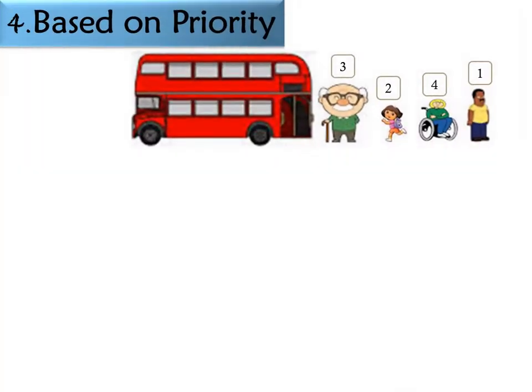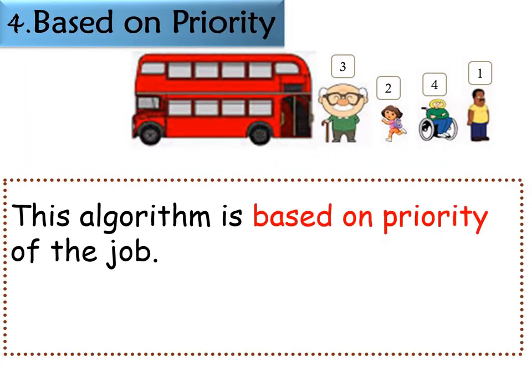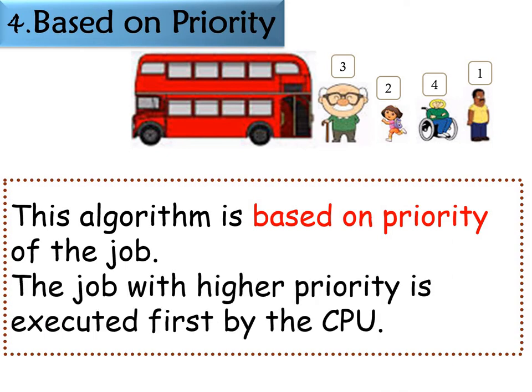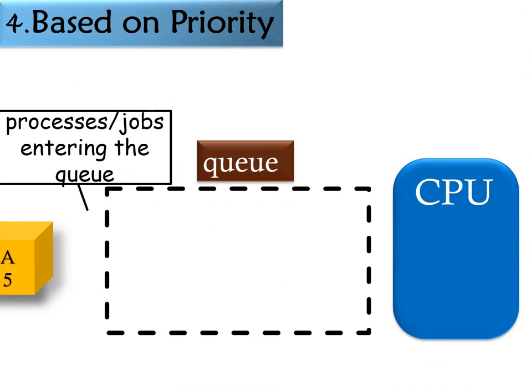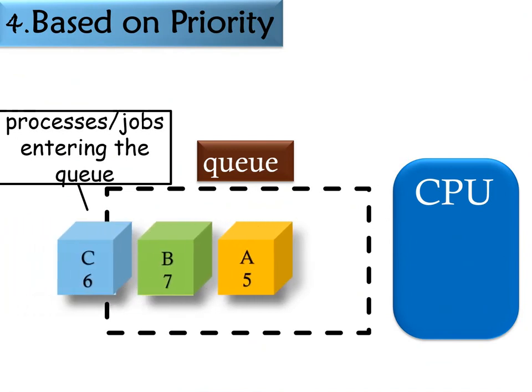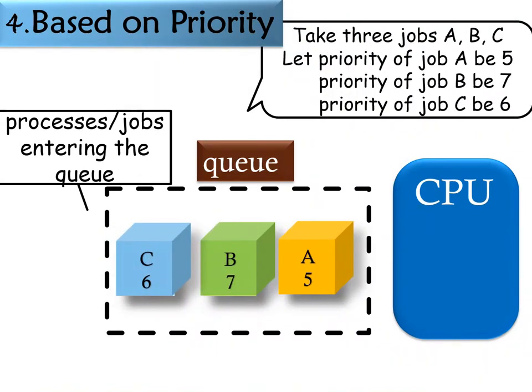Based on priority. This algorithm is based on priority of the job. The job with higher priority is executed first by the CPU. Take 3 jobs A, B, C. Let priority of job A be 5, priority of job B be 7, priority of job C be 6.